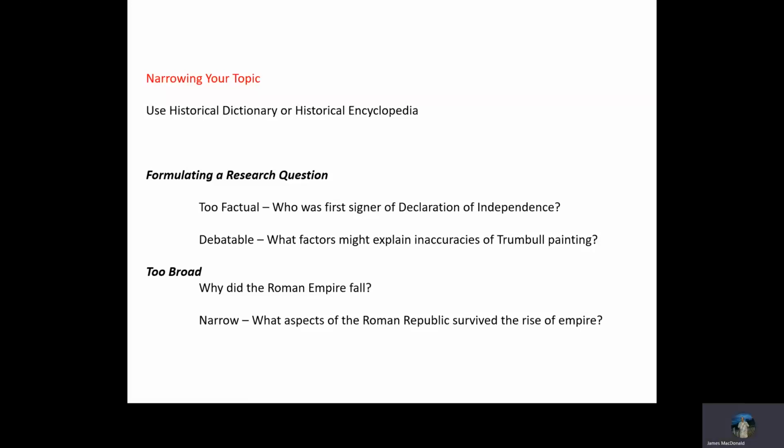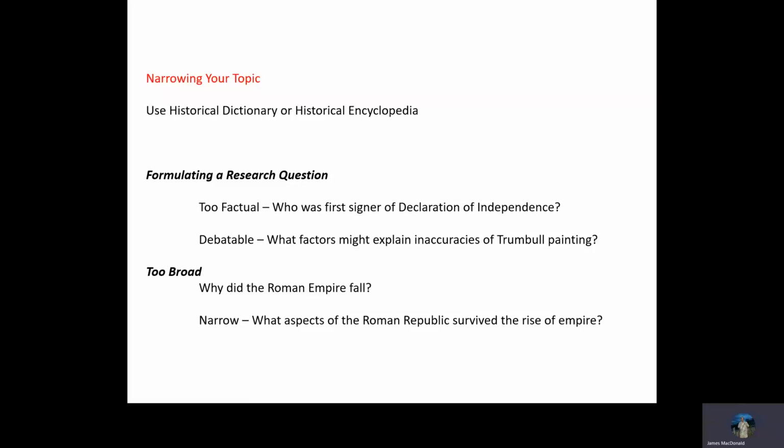Now, these are debatable topics where you'll have a thesis statement, where you'll say, without the committee and without the Congress's changes to Jefferson's draft, it would not have been a successful document, or it may not have even passed through Congress. Now, that's a debatable question, a research question. So that's the first big thing you want to think about when you put together a research topic.